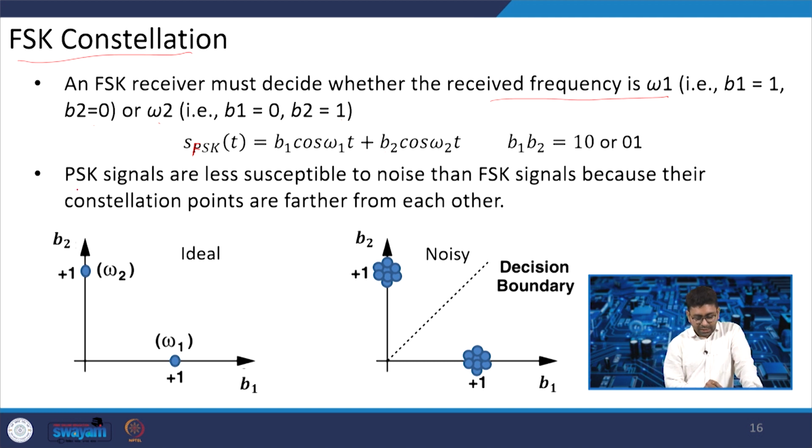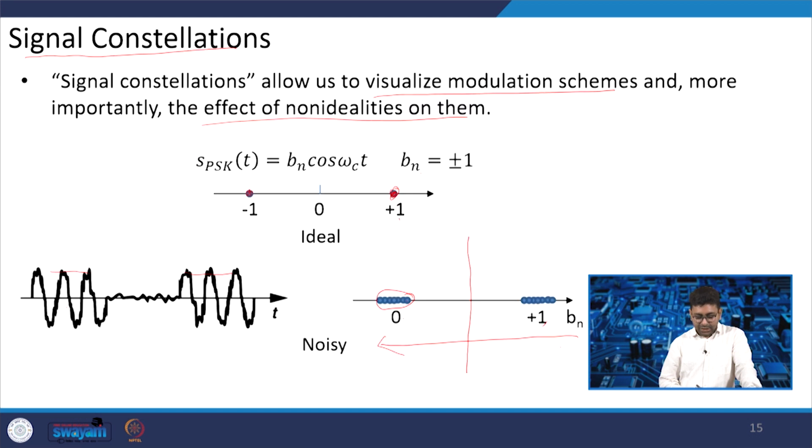Here we see that PSK signals are less susceptible to noise than FSK signals, because their constellation points are farther from each other. In the previous example with PSK, we can easily put a threshold over the PSK signal.